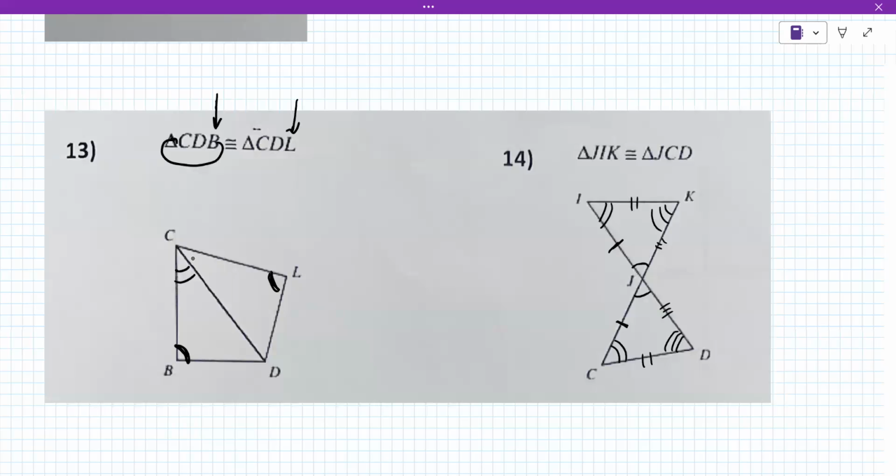And then the other one is L to C, so it's this angle here. So it must mean that the other angle gets the 3.